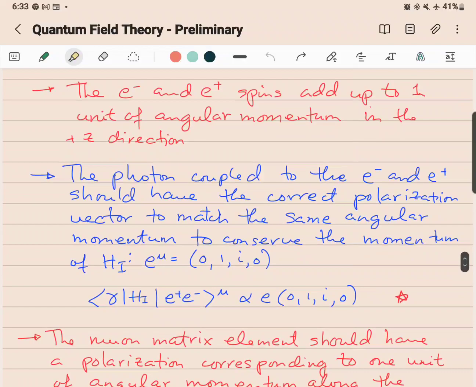The photon coupled to the e plus e minus should have the correct polarization to match the same angular momentum, to conserve the angular momentum of H_I. So in that case, the photon should also have angular momentum 1. So this is now the polarization of the photon.